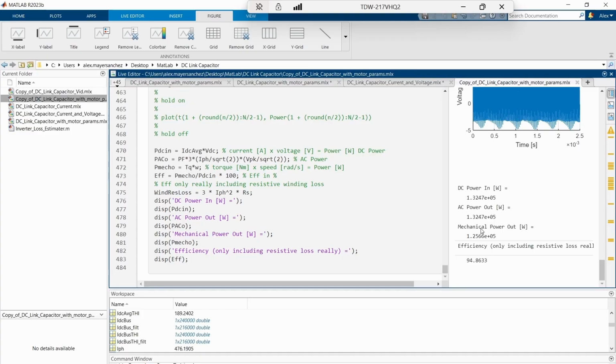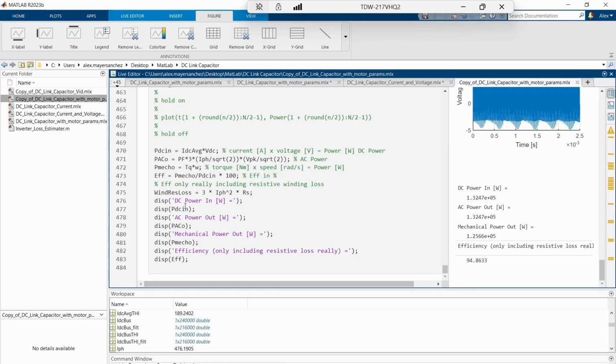And then the mechanical power out, you can see it's obviously lower. The mechanical power out is equal to the torque times the speed in Newton meters and radians per second. And then this efficiency is really only including the resistive losses in the motor. So the efficiency is just the mechanical out divided by the electrical power in.